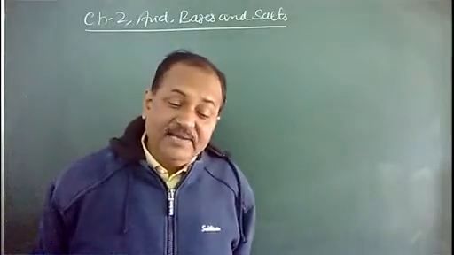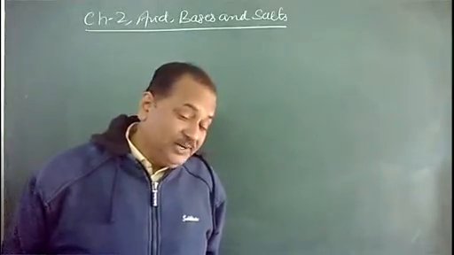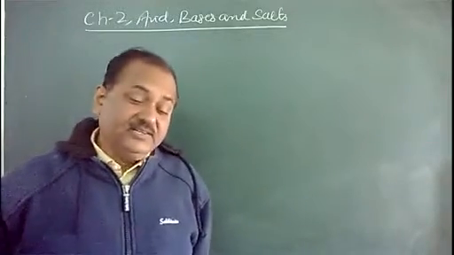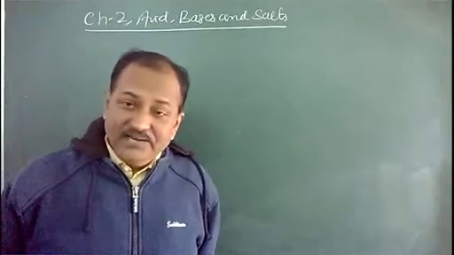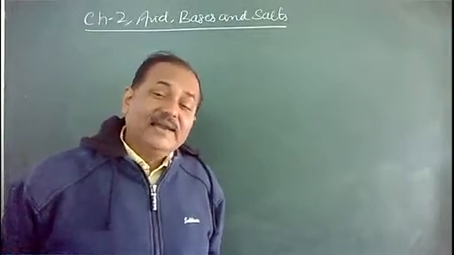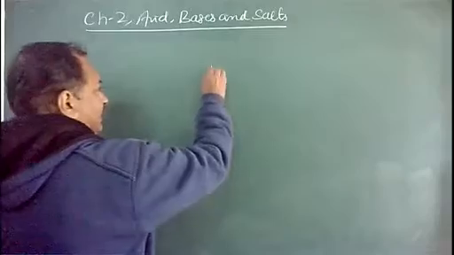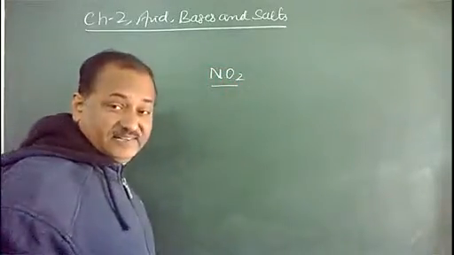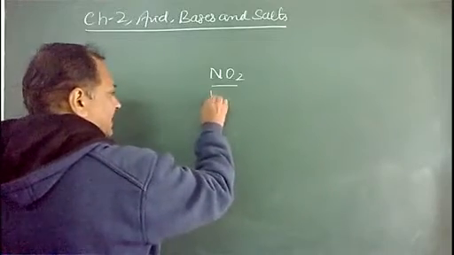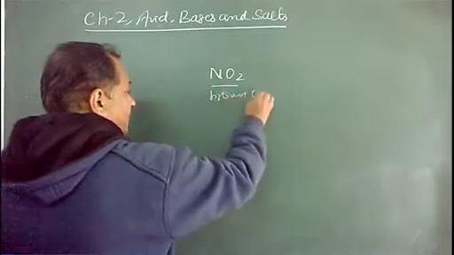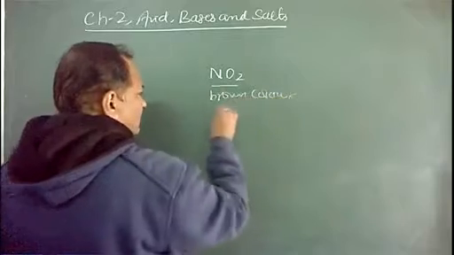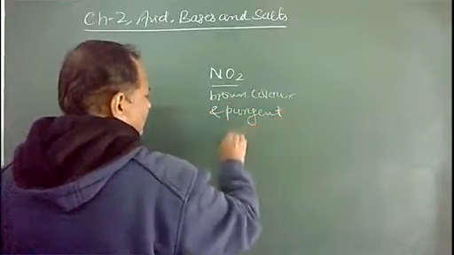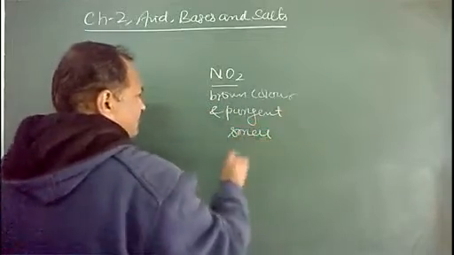All the gases have a specific feature. Like this word brisk effervescence, it is exclusively fixed for carbon dioxide. Similarly, like NO2, children, NO2 gas, in any reaction, if it is NO2, then it has brown color and pungent smell.